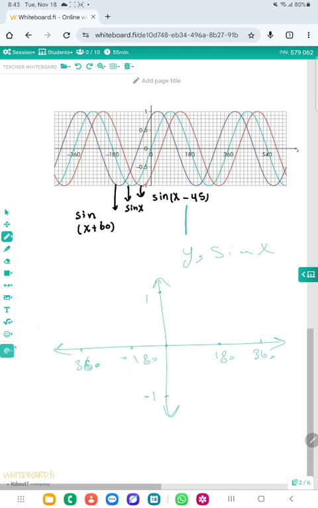When we say y equals sine x, it's a smooth repeating curve that goes up and down forever. When it meets coordinate x, it meets at 180 and 0 and 360, negative 180, and negative 360, right?